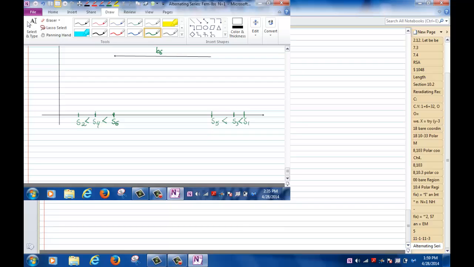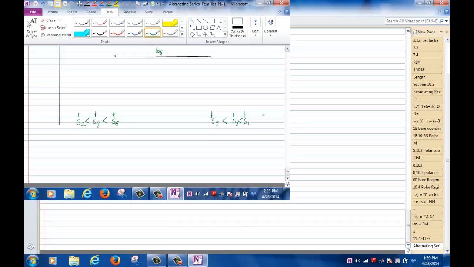It is, because every even partial sum is less than every odd partial sum, right? So all the even partial sums are less than S1. In fact, every partial sum is less than B1, right? Why is that? You started with B1, and then you subtracted something smaller, then you added something smaller, so whatever sum you're getting, it's always less than B1.